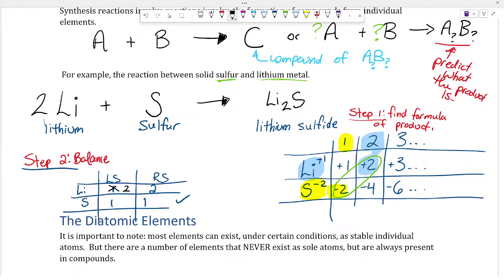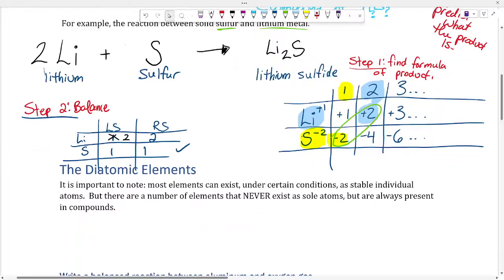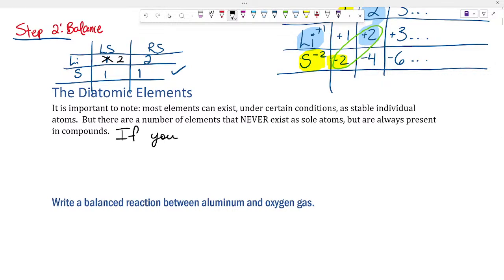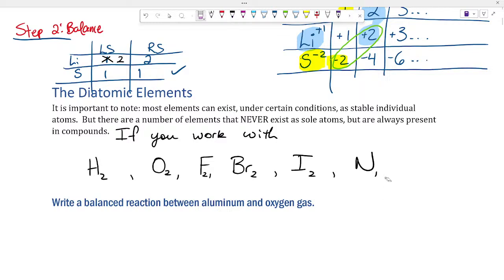Let's take a look then. We'll try a couple more, but first a reminder, and we've mentioned this a couple times: anytime you work with hydrogen, oxygen, fluorine, bromine, iodine, nitrogen, or chlorine, you have to make sure that you always treat them specially when they're by themselves.